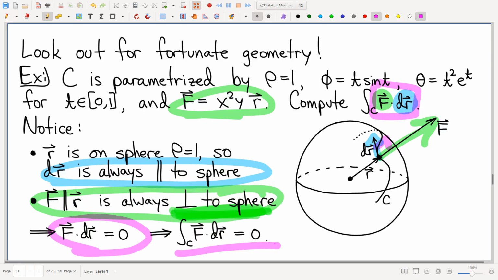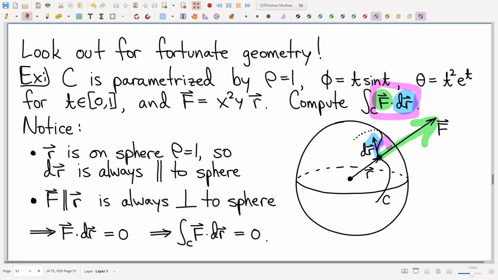Again, this comes up surprisingly often, so please do keep a lookout. I would encourage you, when you see a vector line integral, don't just go plugging and chugging just because we have a formula. Always take a step back and think, are there any freebies here? What leaps off the page at me that is convenient, and how can I capitalize on that and save myself loads of trouble?